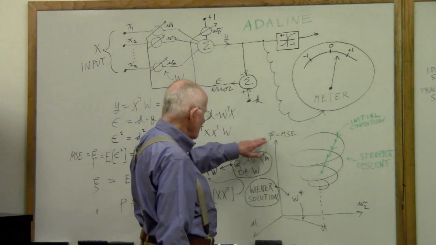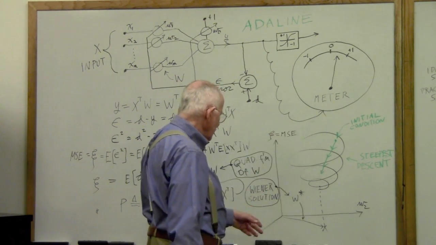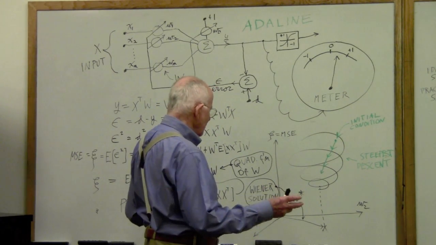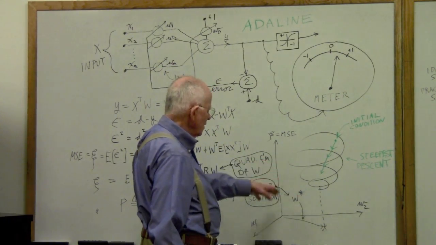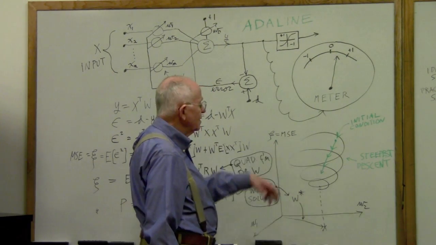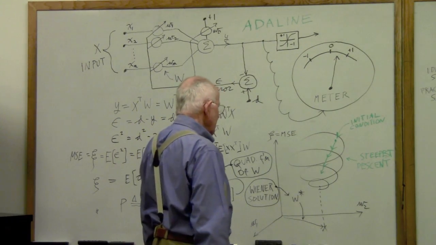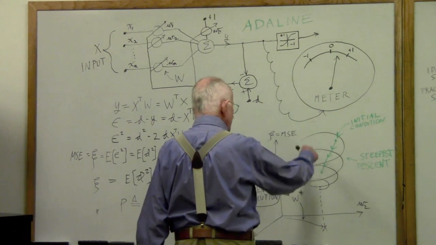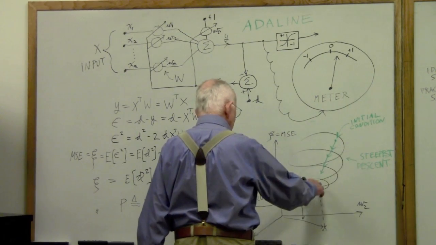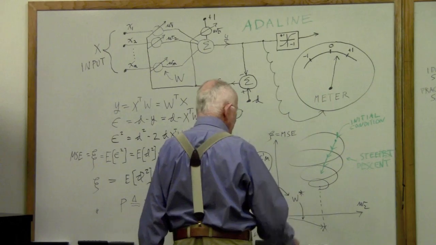So the mean square error as a function of the weights is a paraboloid if I have only two weights. If I have many weights, we need more dimensions on the space. Instead of this being a paraboloid, it becomes a hyperparaboloid. Now we can look at this sketch and say what we want is to get down to the bottom of the bowl, this quadratic bowl where the mean square error is minimum.